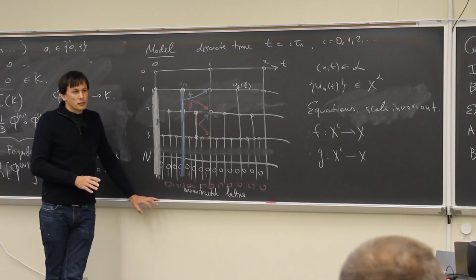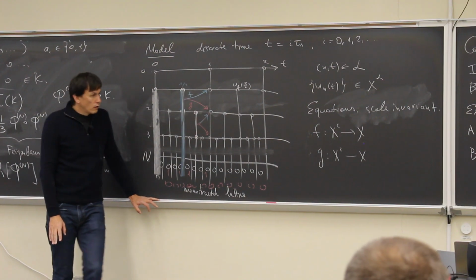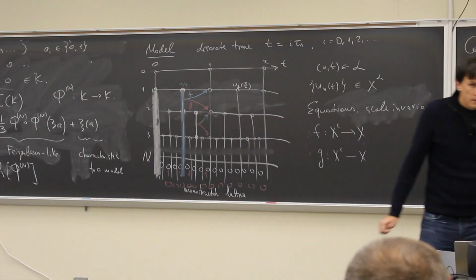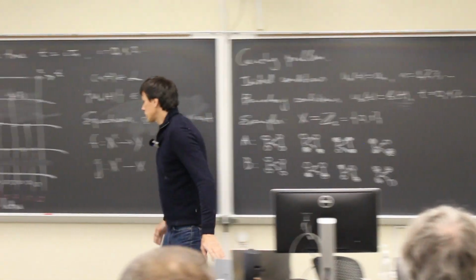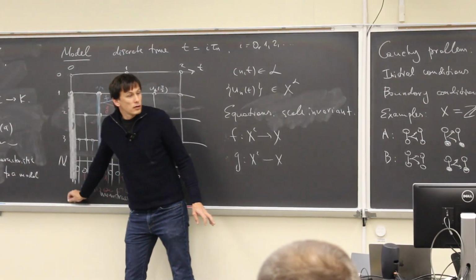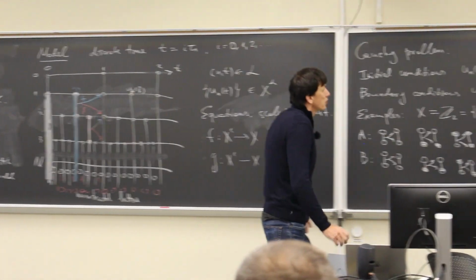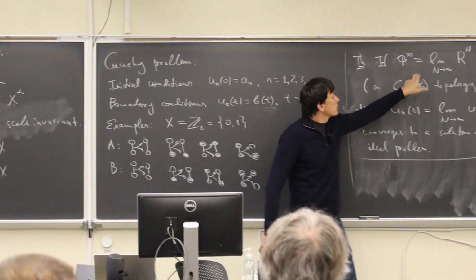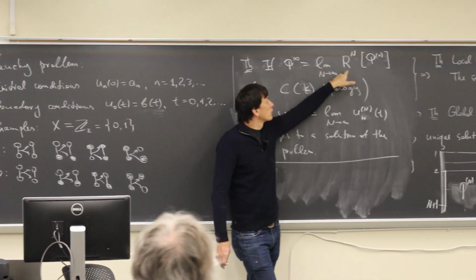But numerically we see that we always select the same solution. Burgers is supposed to have this extra stability. Yeah, an extra from the fixed point. Okay, so that's a situation when there is a limit. And it means that there is a fixed point attractor of a renormalization group operator.